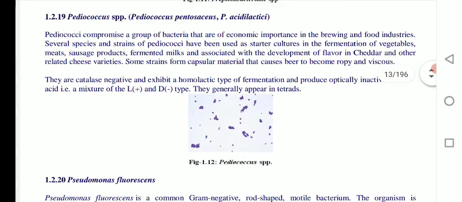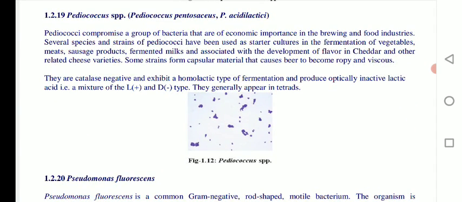Then next is Pediococcus species: Pediococcus pentosaceus and Pediococcus acidilactici. These are the two bacteria we want to describe. Pediococci comprise a group of bacteria of economic importance in brewing as well as in food industries. Several species and strains of Pediococci have been used as standard cultures in fermentation of vegetables, meat, sausage products and fermented milk, and are associated with development of flavor in cheddar and other related cheese varieties.